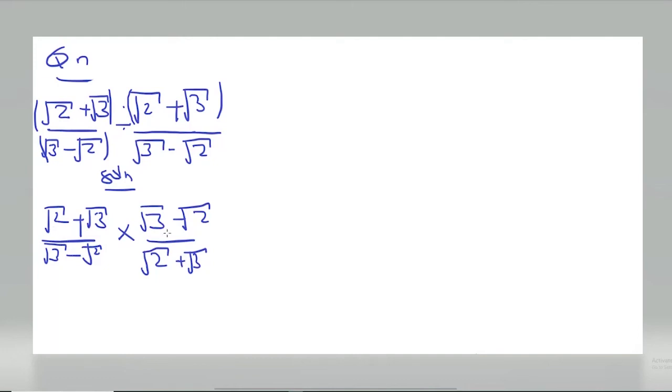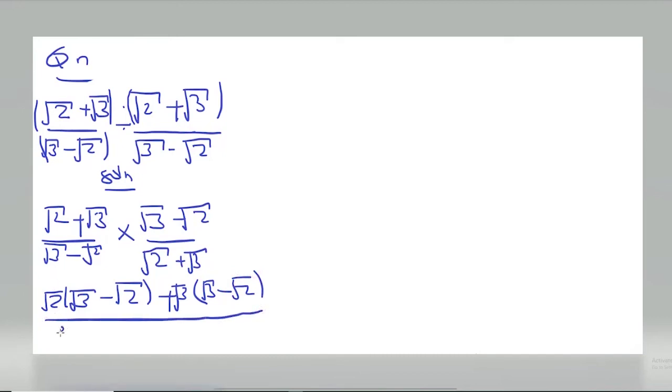Now this will be equal to 2 times 3 under root, which is 6. Then we copy this, and 3 under root minus 2 under root, then plus 3 under root, the bracket we have 3 under root minus 2 under root over 3 under root, the bracket we have 2 under root plus 3 under root.